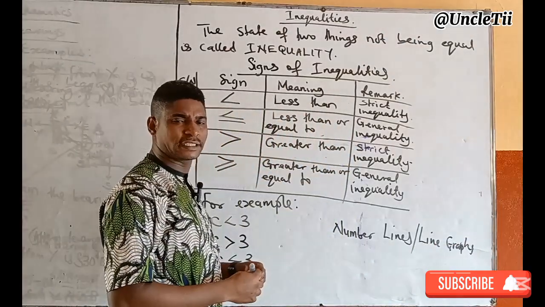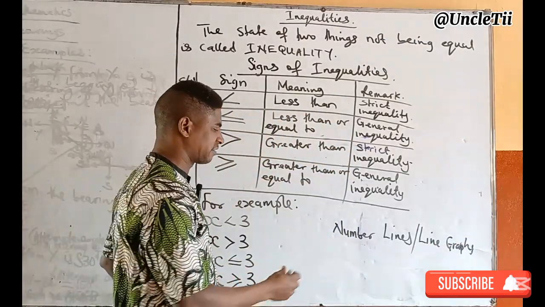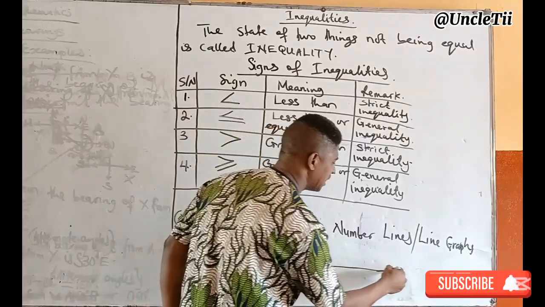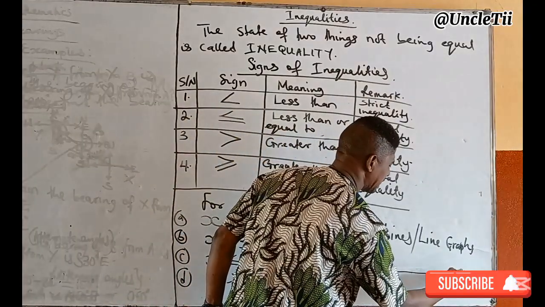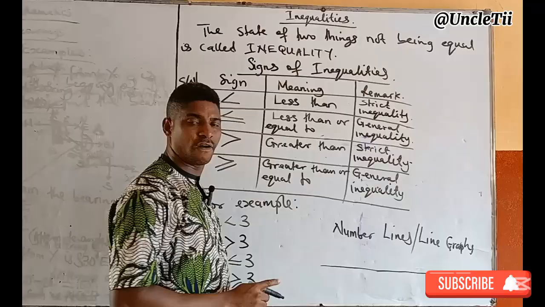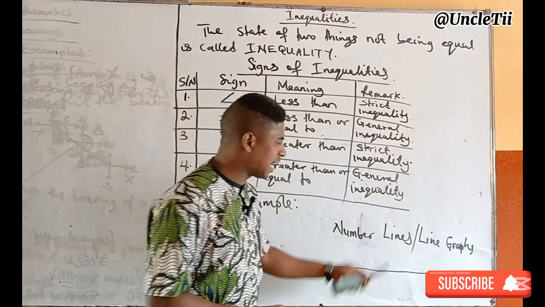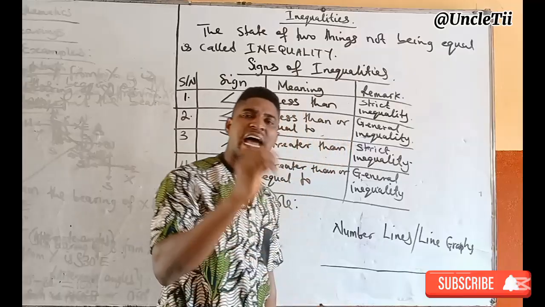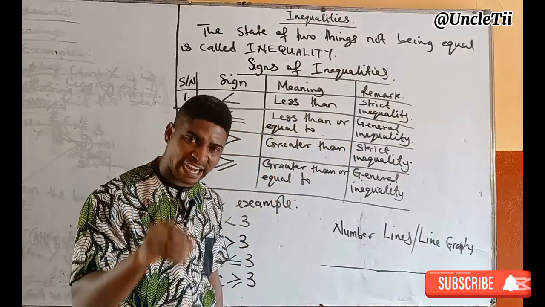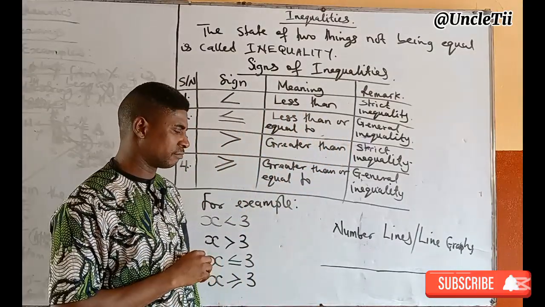What are number lines or line graphs? They are simply the x-axis carrying an arrowhead.